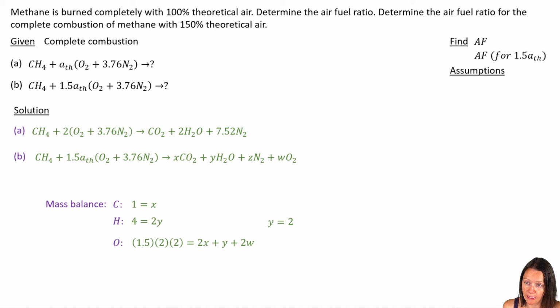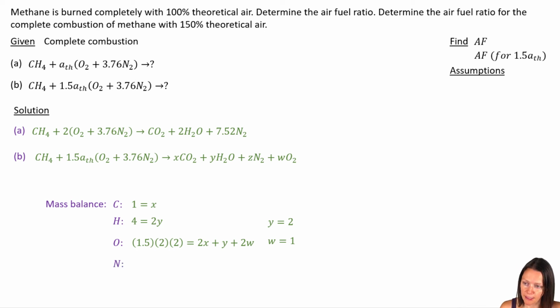And then on the right-hand side, you've got 2X for the CO2. You've got Y for the H2O. And then, of course, you've got 2W for that oxygen term, that 4th term in the product side. So if I plug everything in, I get W is equal to 1.